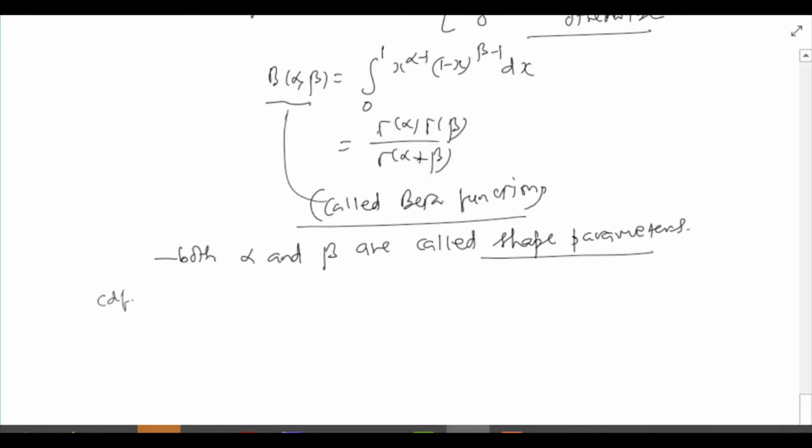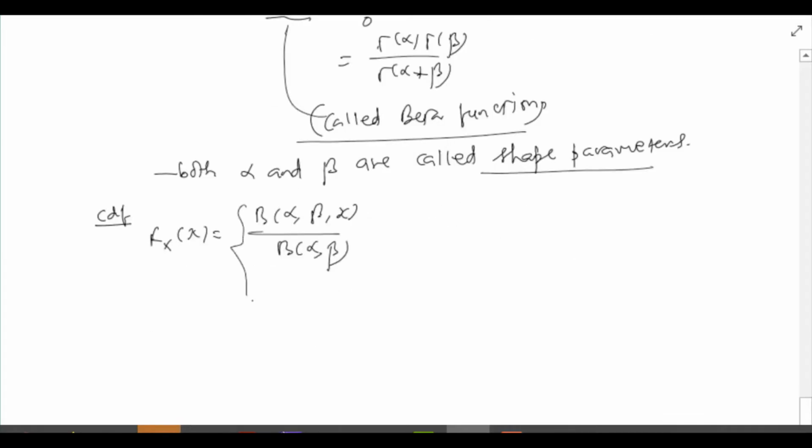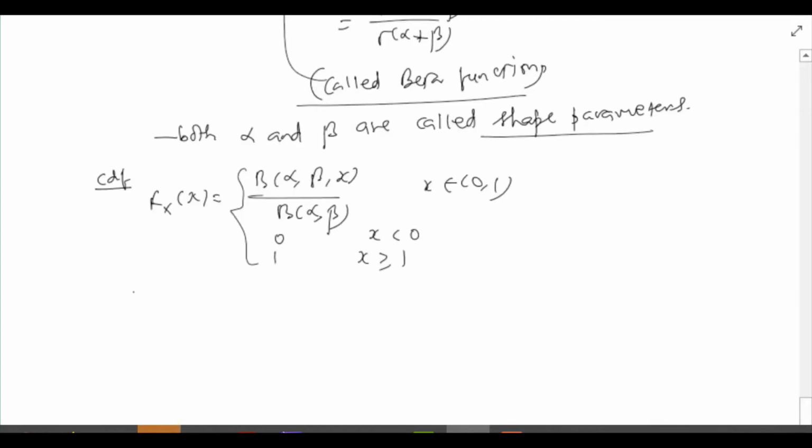The CDF of beta distribution, F(x), can be written as follows. F(x) is B(alpha, beta, x) divided by B(alpha, beta) for x in (0, 1). It is 0 for all negative values of x and 1 for all values of x greater than or equal to 1.